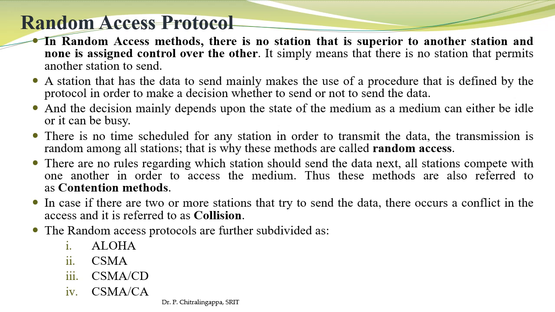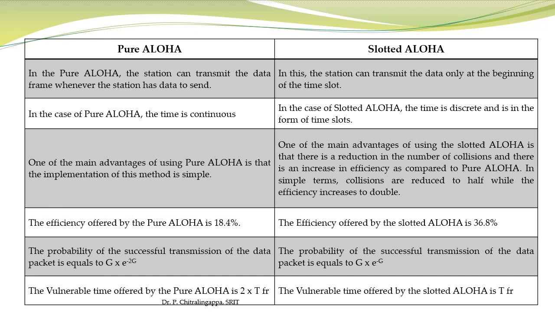Random access protocols are divided into Aloha and CSMA, carrier sense multiple access, with collision detection and collision avoidance. This is the difference between pure Aloha and slotted Aloha.